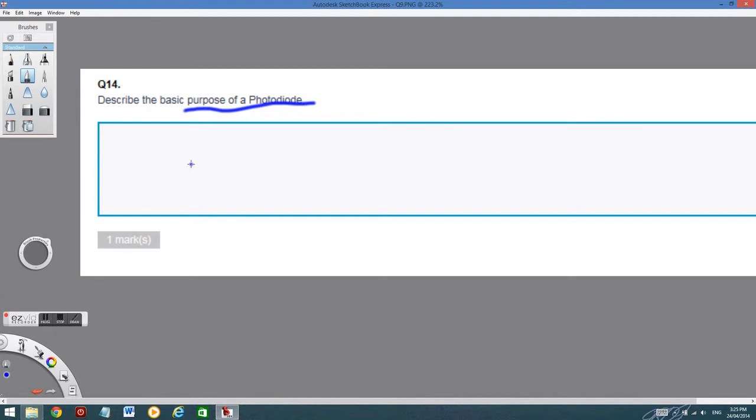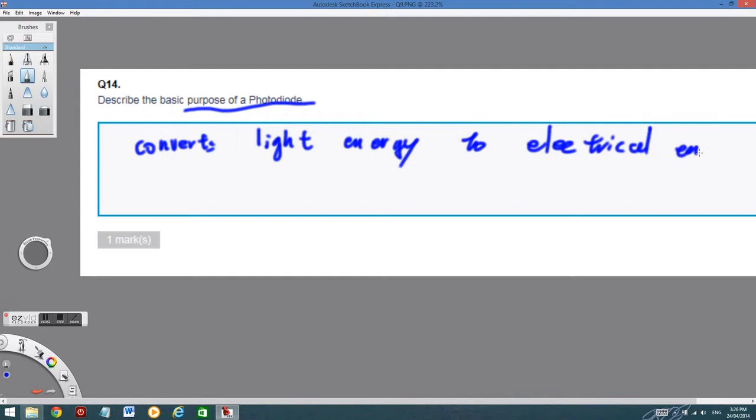What does a photodiode do? Just remember the photodiode is a detector, so it converts light energy into electrical energy. And that's your answer.